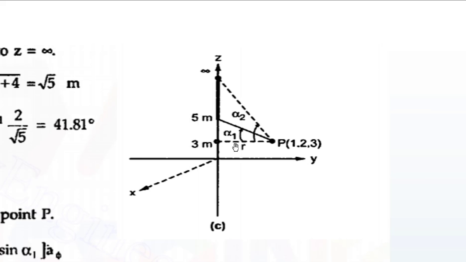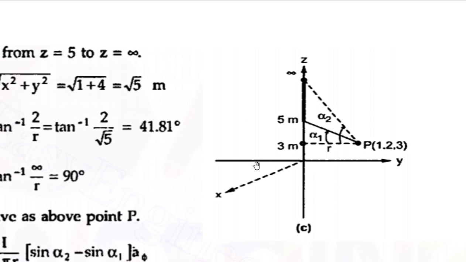We can write tan alpha 1 is equal to 5 minus 3, that is this distance, equal to 2 meters, divided by this distance, which is nothing but the value of R. The value of R is equal to the square root of (1 minus 0) squared, (2 minus 0) squared plus (3 minus 3) squared, that is R is equal to square root of 5. So tan alpha 1 is equal to 2 divided by square root of 5.